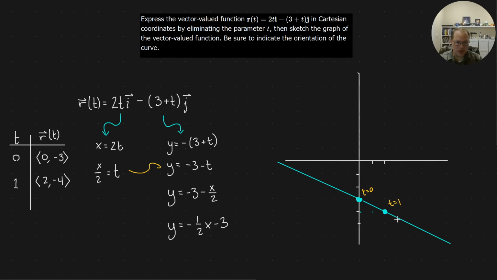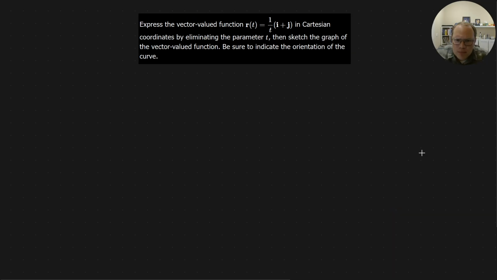So as t is increasing, I'm going this direction. And so I draw a couple of arrows to indicate the trajectory, the orientation of the vector valued function. Okay, let's do another one that's just a little trickier. We want to express the vector valued function r of t equals (1 over t) i plus j in Cartesian coordinates.